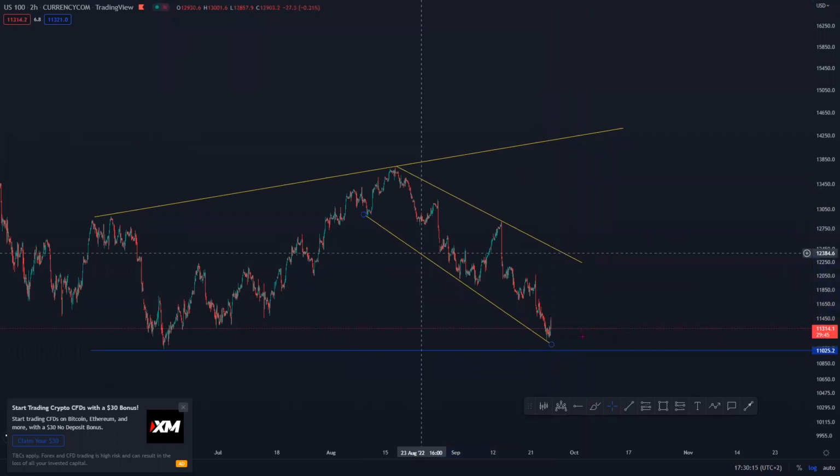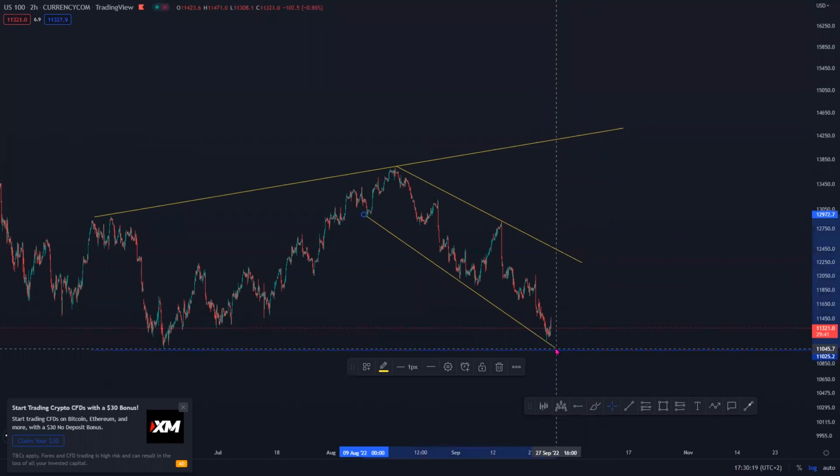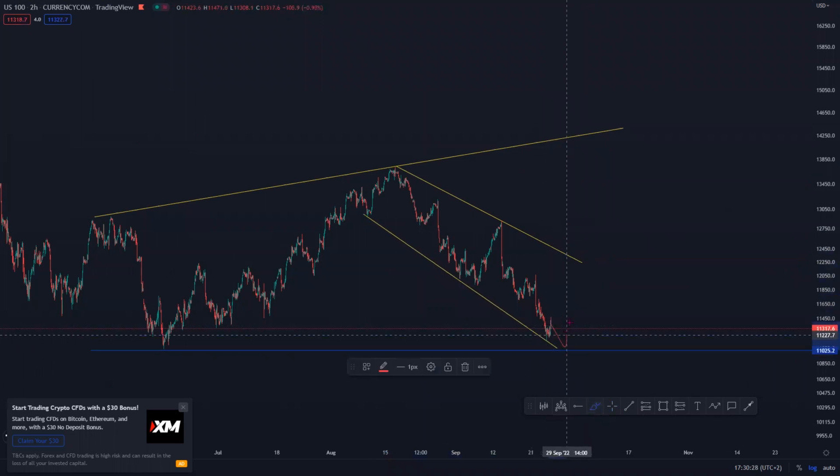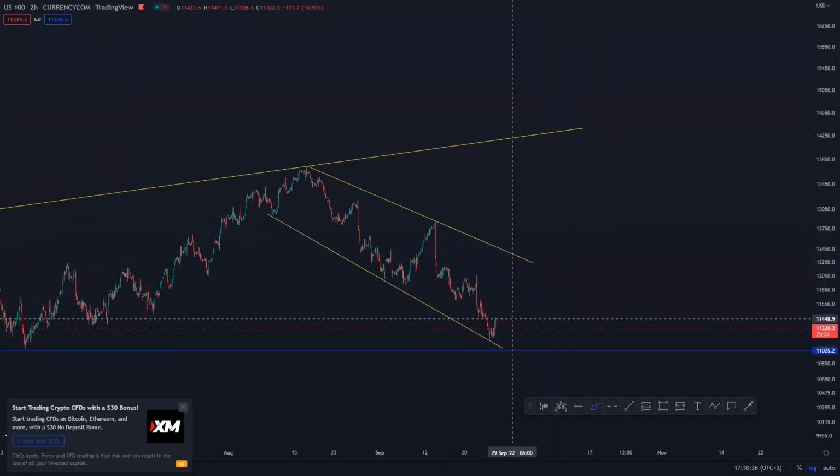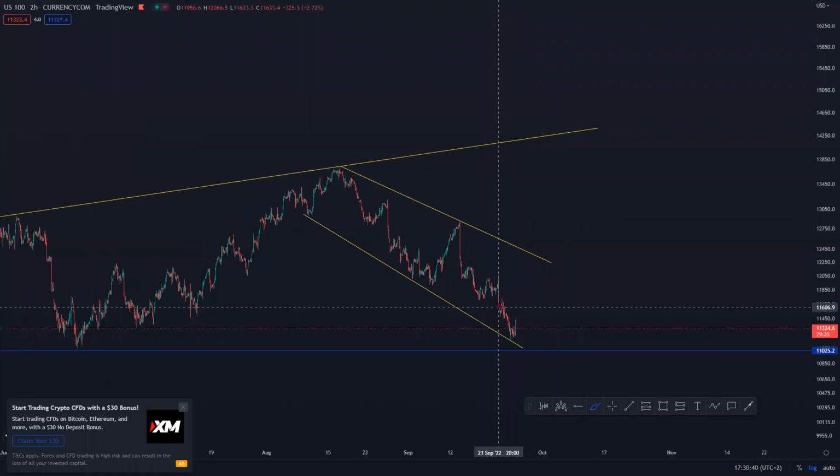Either we wait for the market to come around this level, maybe to this level, and push up, give us a correction and start shooting up. For now, we have to wait for the market to come. For today, you just have to wait for the market to close and see how it closes.